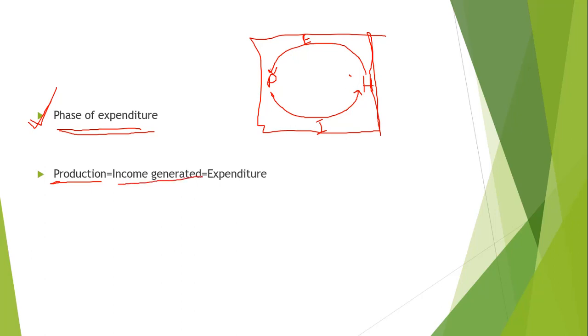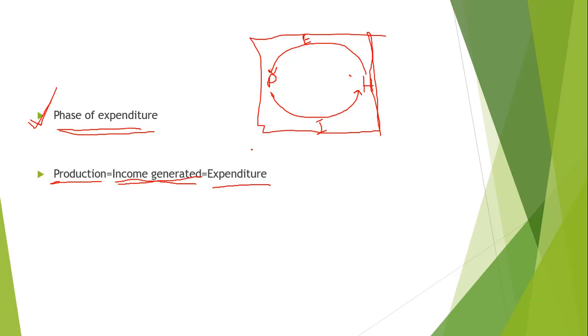We get our factor costs. We are the factors who help in the production of the goods. We get the factor costs in the form of income generated, and that will be equal to the expenditure, the amount we spend to the producer. Now this is on a basic scale.